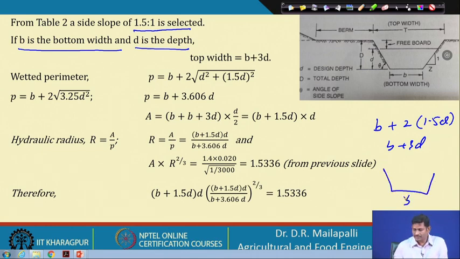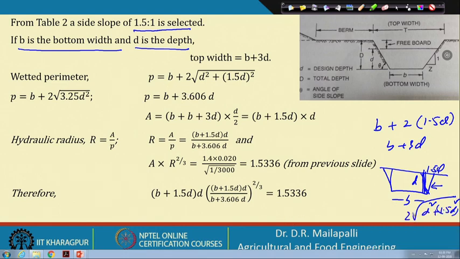So this is B, and then you have to find the length of this side. This is 1.5 D, and if this is D, it will be the square root of D square plus 1.5 D square. Because again there are 2 times, including this side, this plus this plus this, so that will be B plus 2 times the side length.